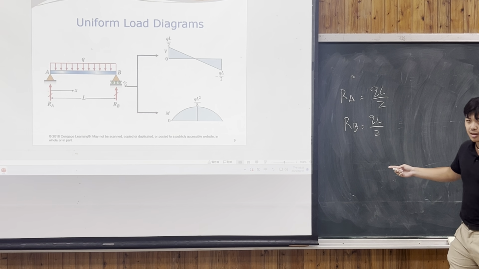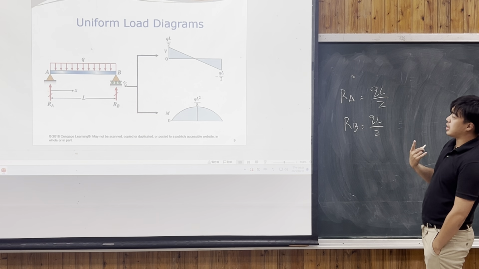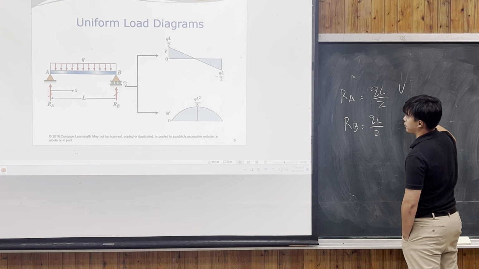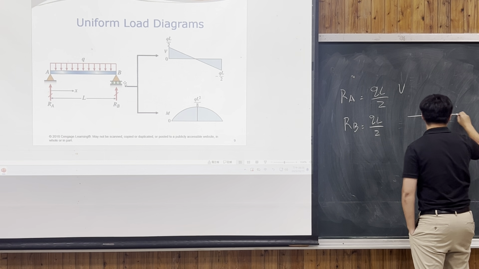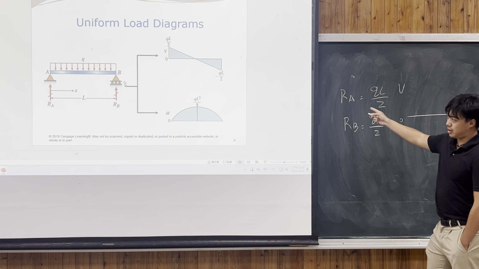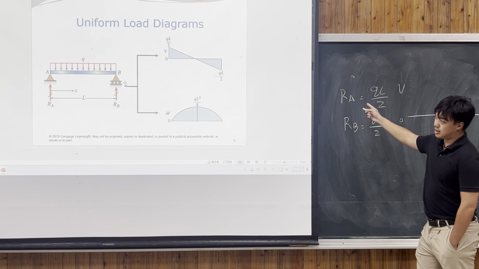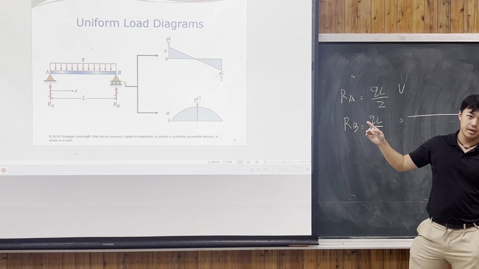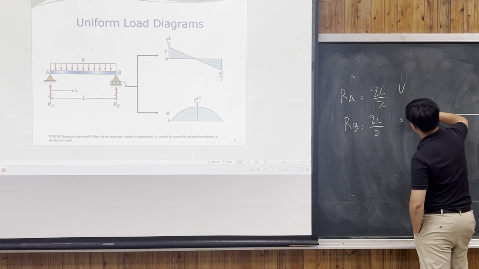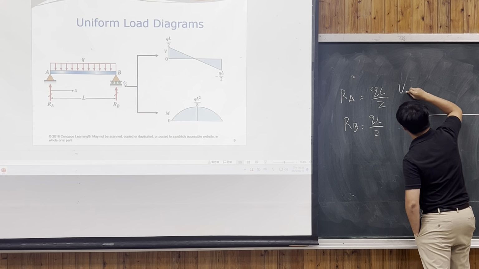In my case, when I get this kind of question for a shear diagram, if the reaction force on the left is positive, I'll directly draw a positive point right here.